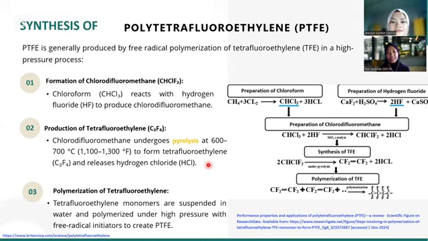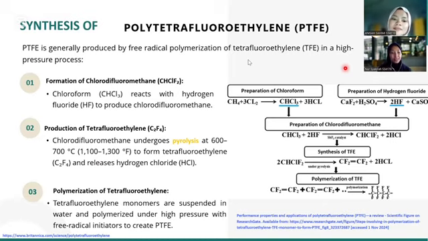As we can see in this reaction process, chlorodifluoromethane is prepared from chloroform and hydrogen fluoride. This formation of chlorodifluoromethane uses SbF3, known as antimony trifluoride catalyst, to speed up the reaction.